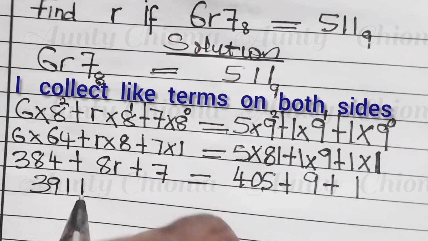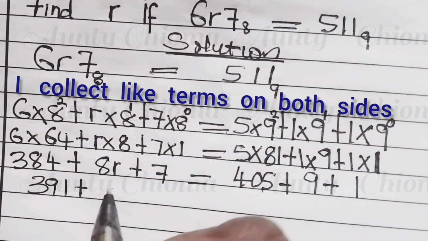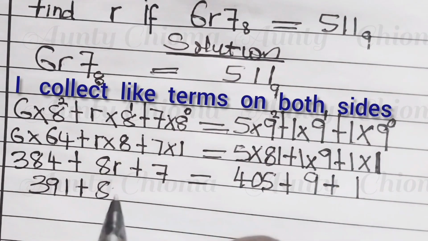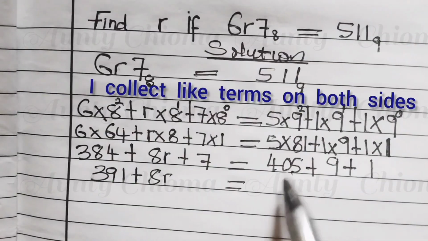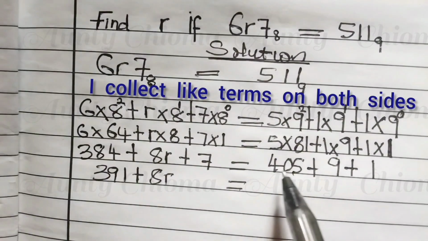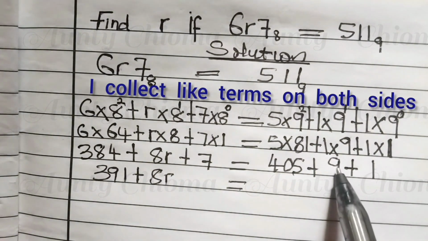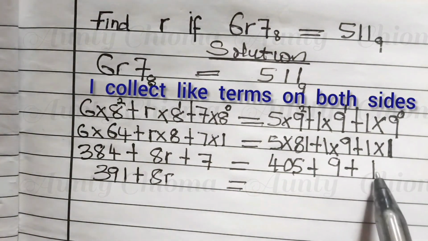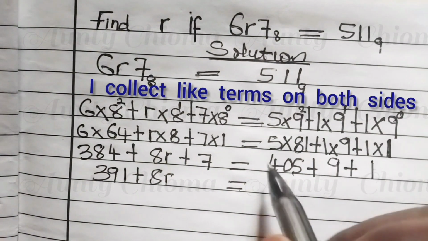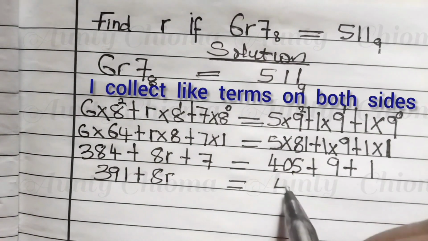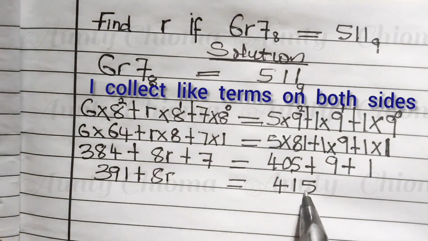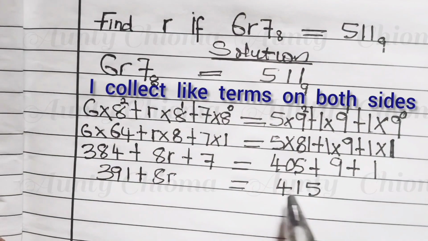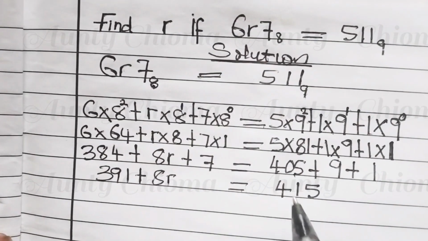Put the plus. 8R has no like, so I put it down. 8R. I come to equals to. I come to this side. I say 405 plus 9. It will give me 414. I say 414 plus 1 gives me 415. So I write it down. 415. I still go on to collect like terms.